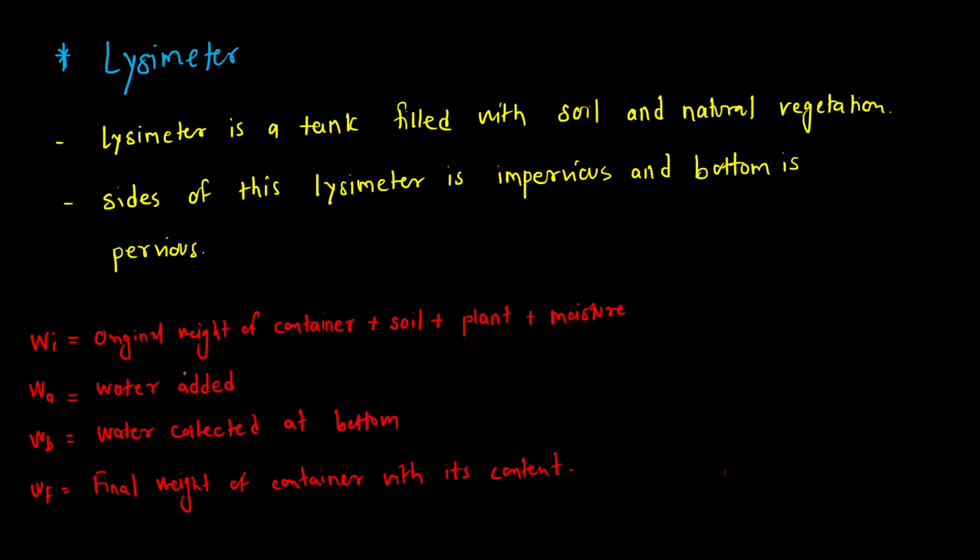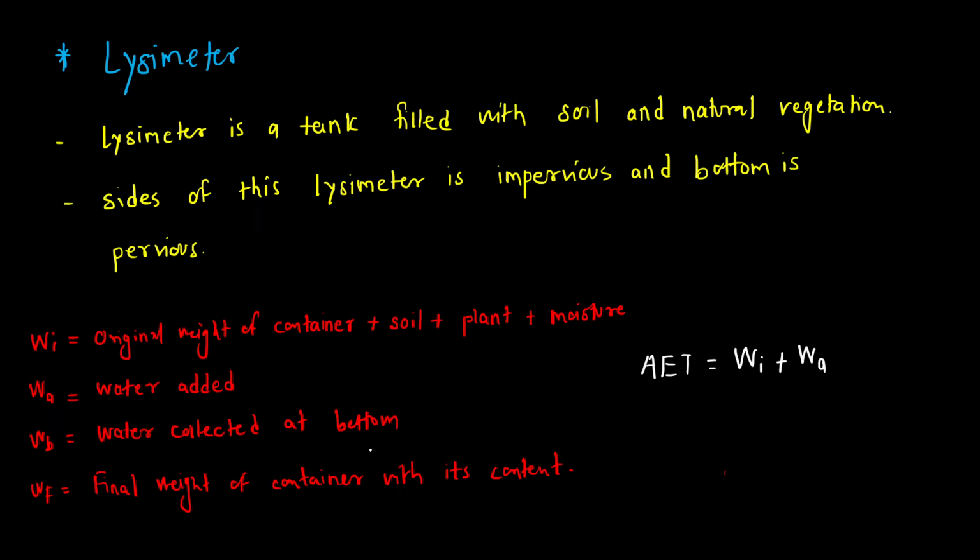So once we do some mathematical calculations on this, we get the amount of water which is lost, and that is equal to the evapotranspiration loss. Pay attention here. Actual evapotranspiration, AET, is equal to the original weight of the container plus soil, that is Wi. Then some water is added, so we add Wa.